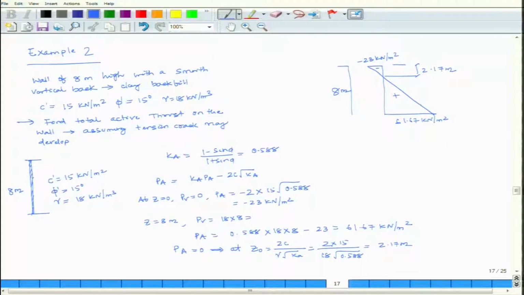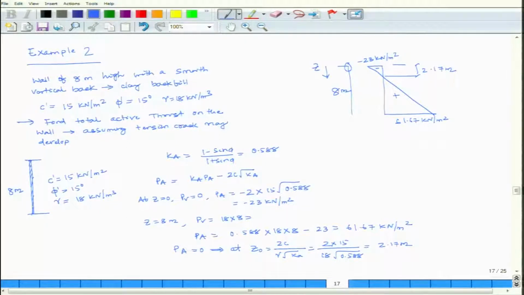Top will be negative because at z is equal to 0, meaning depth, if I am considering this as z is equal to 0, the vertical force Pv is equal to gamma into z. So, z is equal to 0, vertical force Pv is equal to 0.